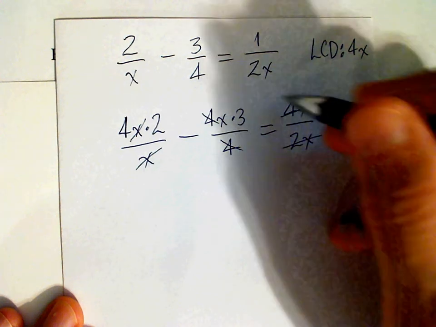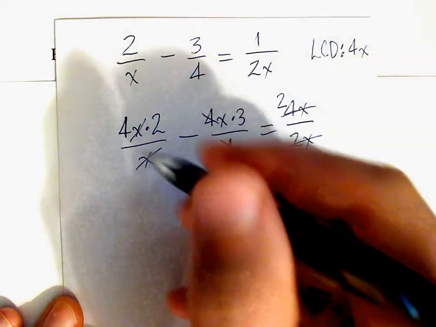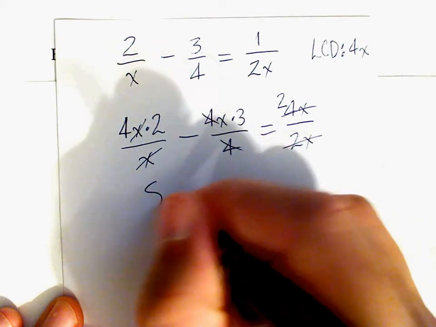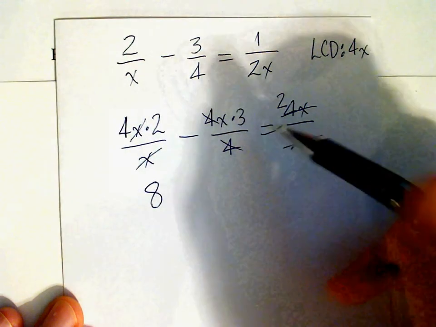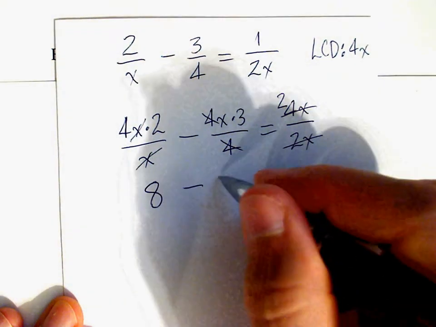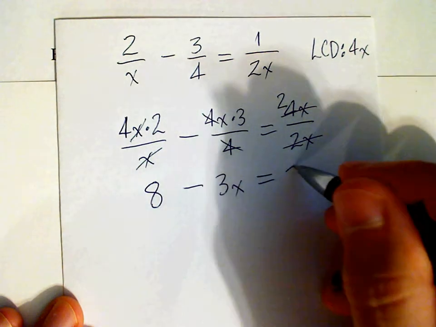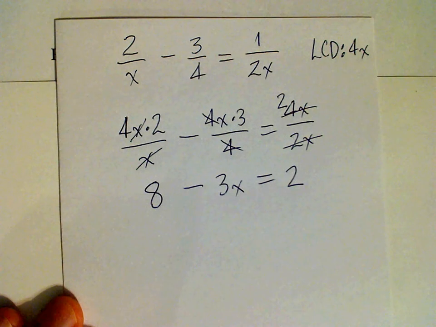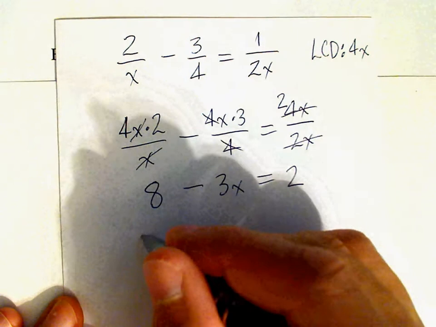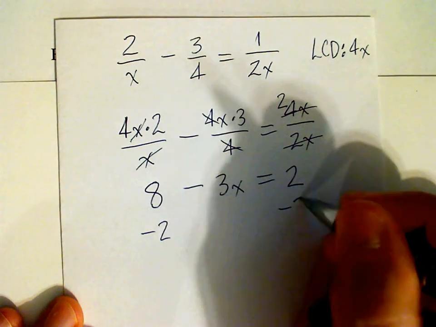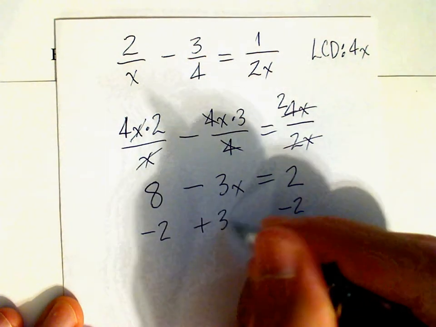That leaves us with 2 here. So the x's go away here, so that leaves 8. Here the 4 goes away, so we have 3x, and here we just have 2. So let's subtract the 2 now. Subtract 2 and add 3x.